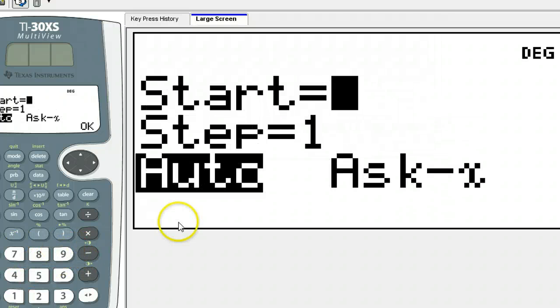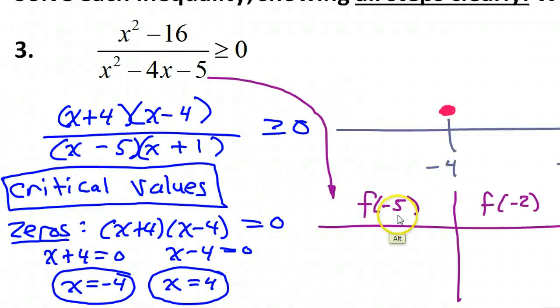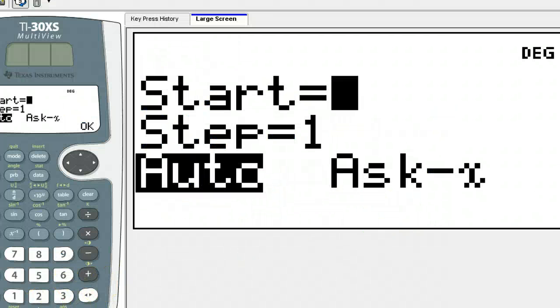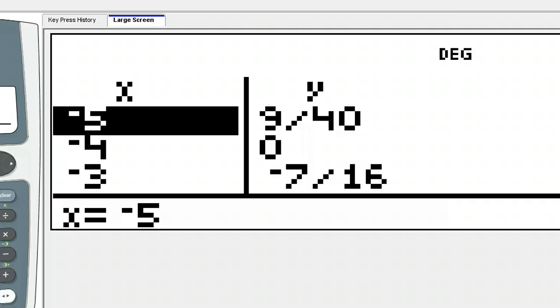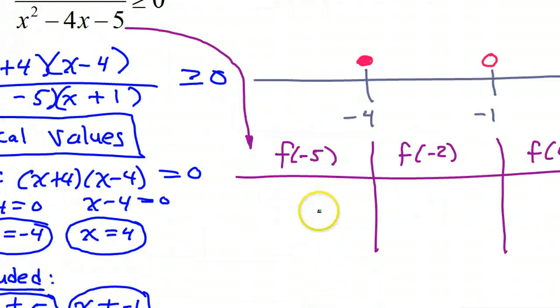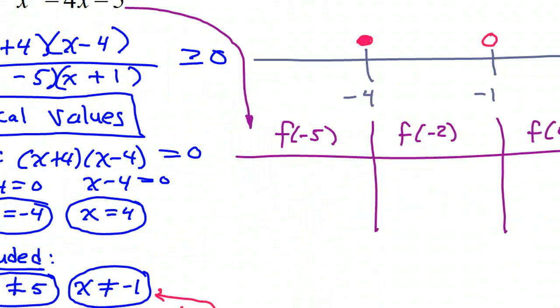Okay. Now, I want to start at -5, so -5. At -5 we have a value of 9/40ths. So we ask ourselves the question, is 9/40 greater than or equal to 0?